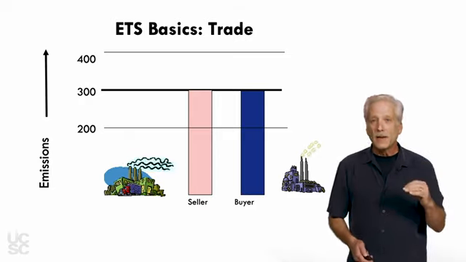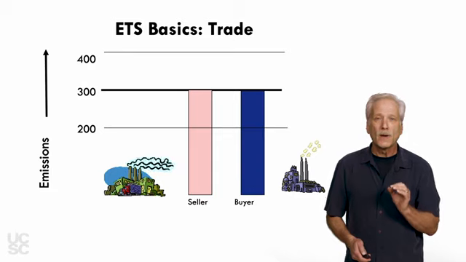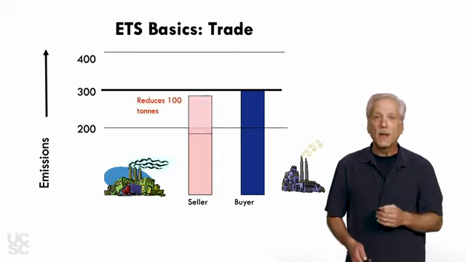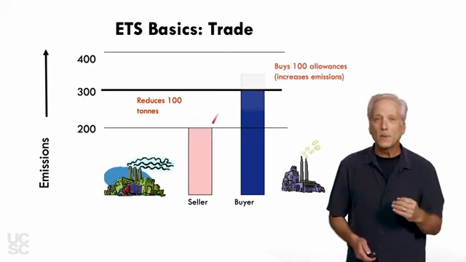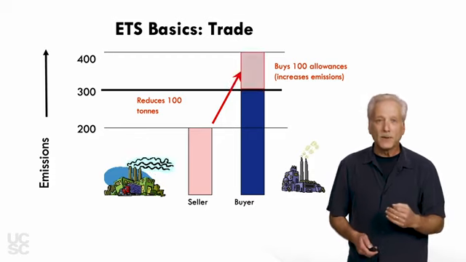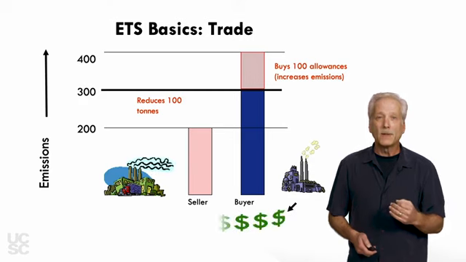Cap and trade. The trade is the other element of the cap-and-trade program. In trading, we have a seller who's been able to reduce their emissions. They've been able to do that by putting on new technologies or by switching operations. A buyer is able to buy these emissions. The buyer pays the seller money for these emissions reductions.